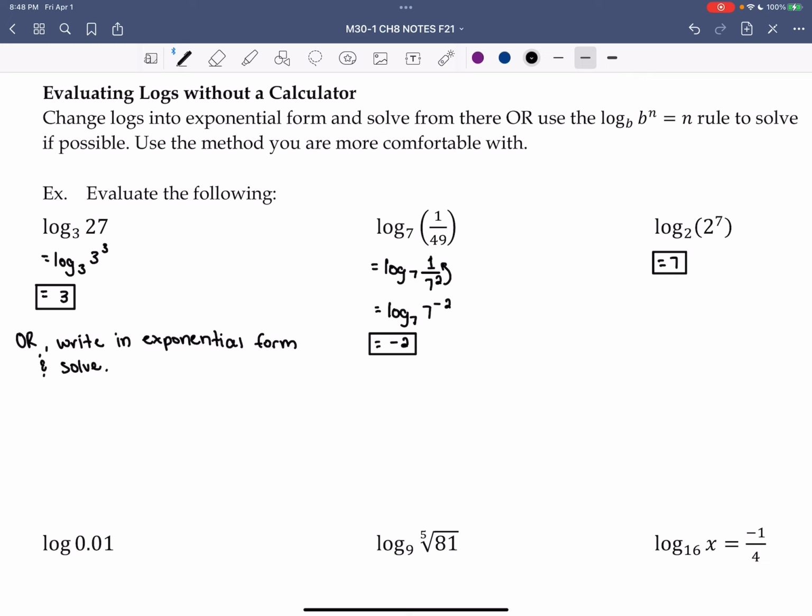Log base 3 of 27 becomes 3 to the power of the exponent. That's what we're solving for. We could call it any variable. So 3 to the power of x equals 27, the argument. Write 27 as a power of 3. 3 to the power of x equals 3 to the power of 3. Then we know from chapter 7 that the exponents are equal, so x equals 3.